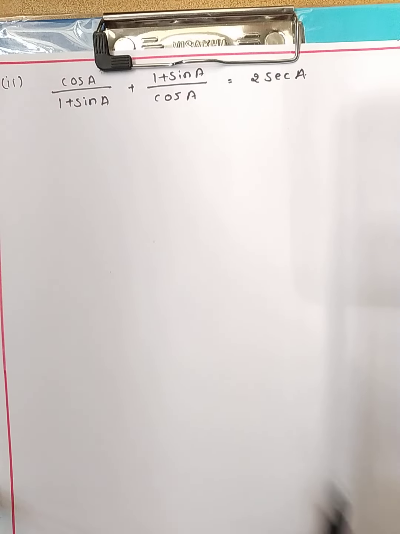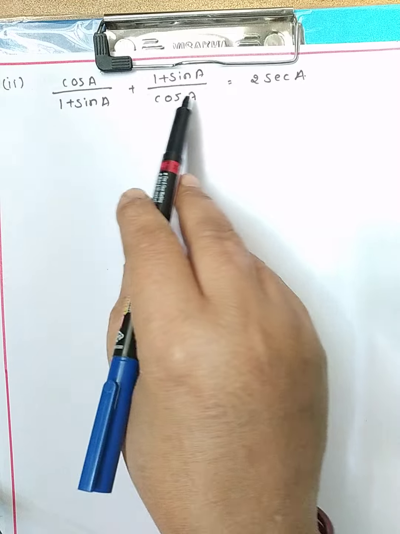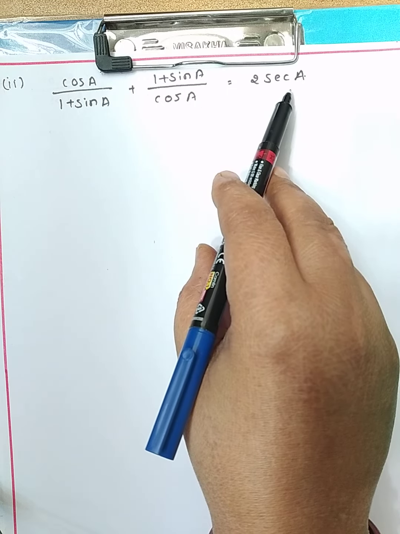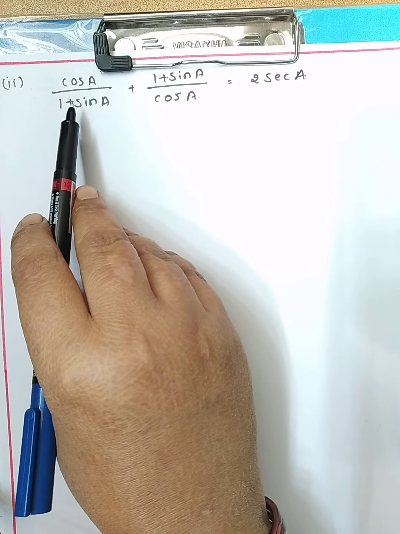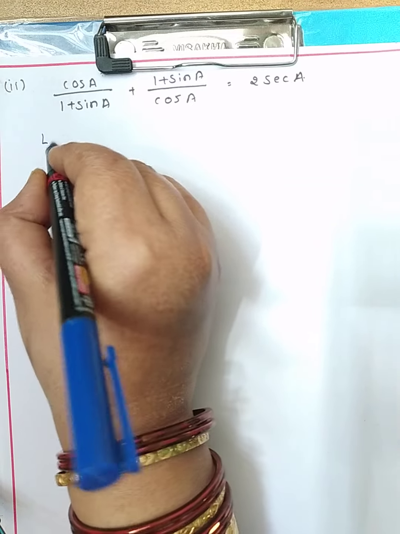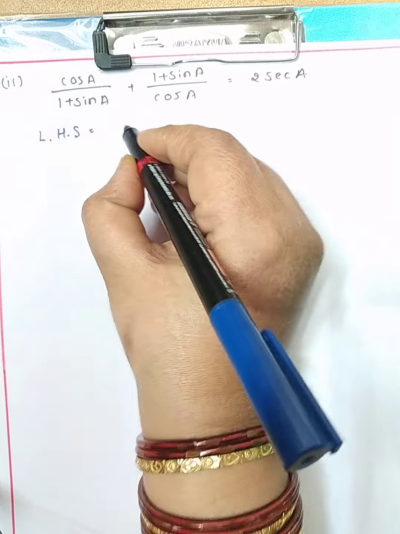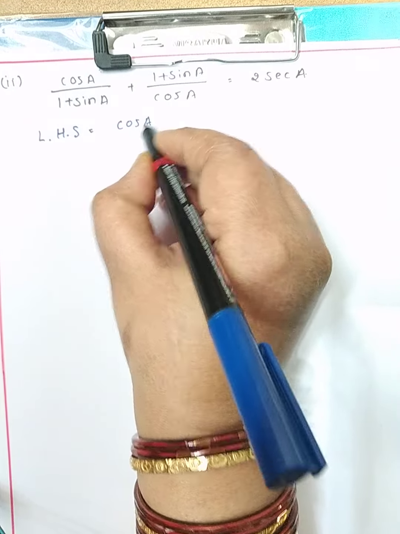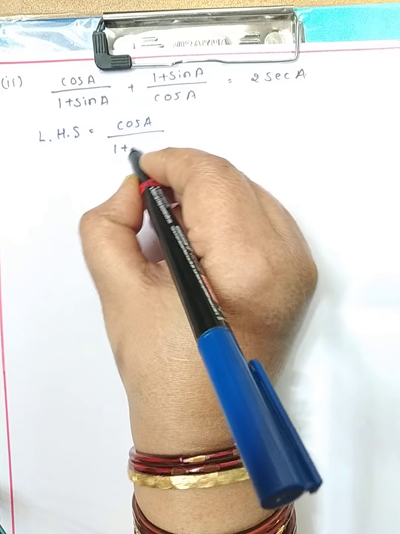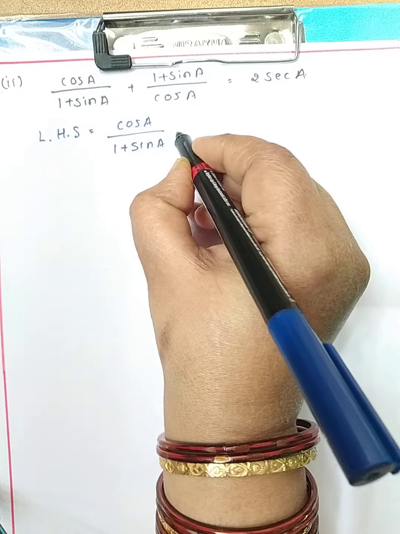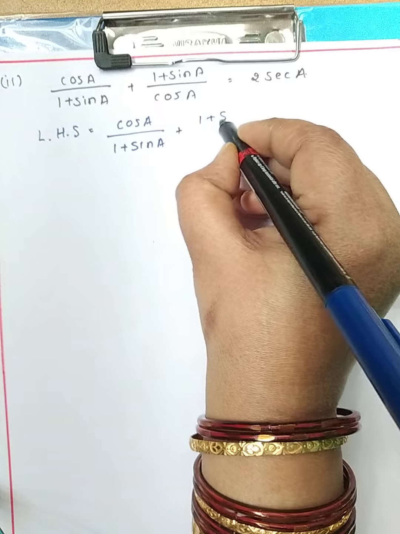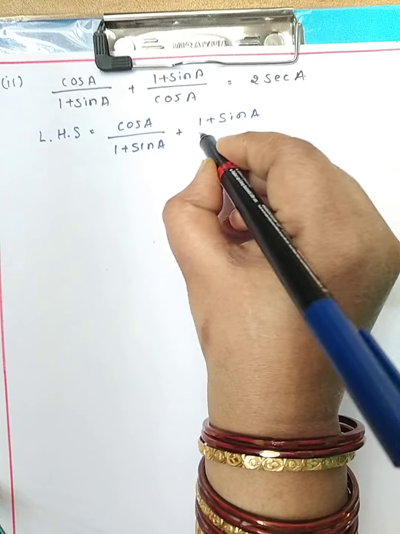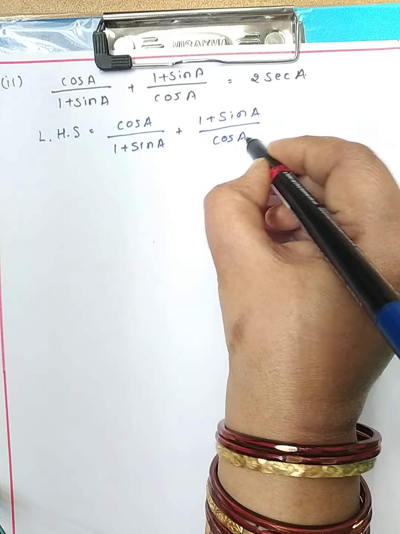Now the second sub-question is cos a by (1 plus sin a) plus (1 plus sin a) by cos a equal to 2 sec a. In the LHS, write cos a by (1 plus sin a) plus (1 plus sin a) by cos a.